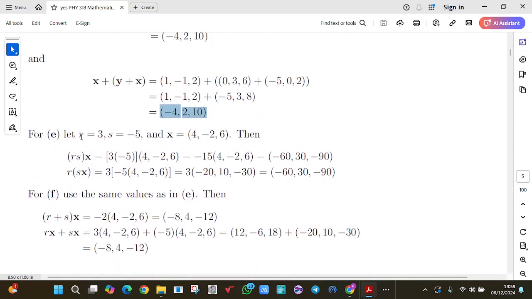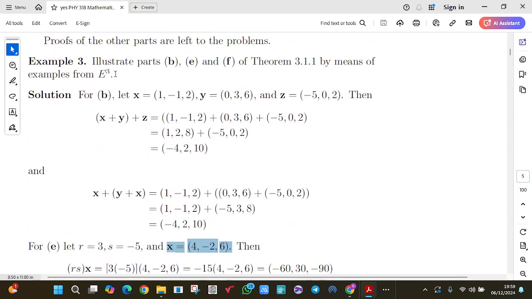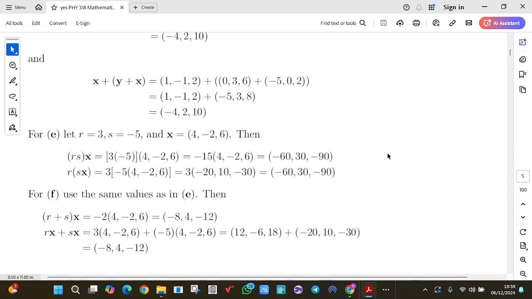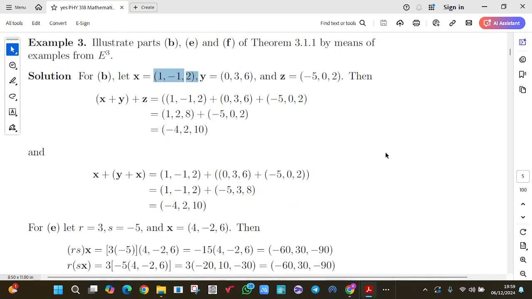Now, the E. Remember, I said you'll be the one to choose. So you will still maintain your X, the X that you selected before. If you like, you reduce it. At your liberty, select any three numbers. But mind you, the key is you must know the definition of the space I ask you to work with.